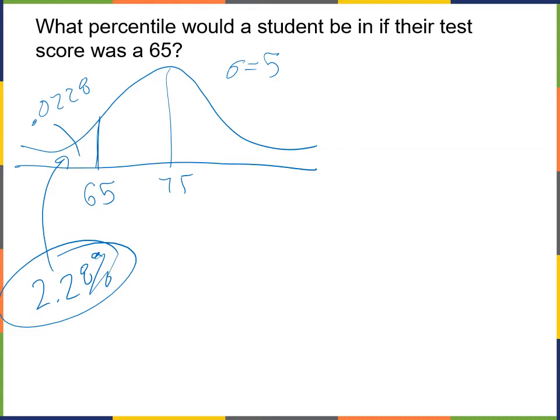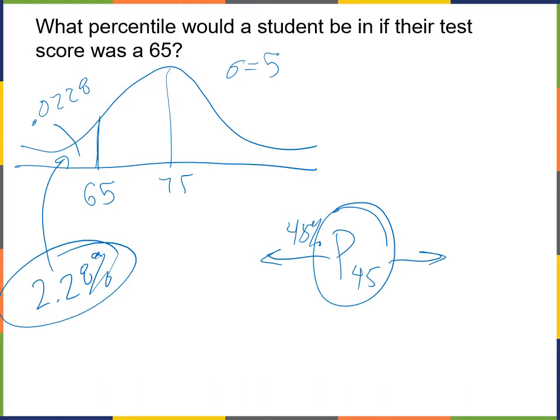And then we have to ask, okay, what percentile would this score be? Well, how do percentiles work? Percentiles divvy your data up into how much is less than that. So if I'm at the 45th percentile, P45, 45% of my data is less than that, and 55% of my data is more than that. That's what P45 does.